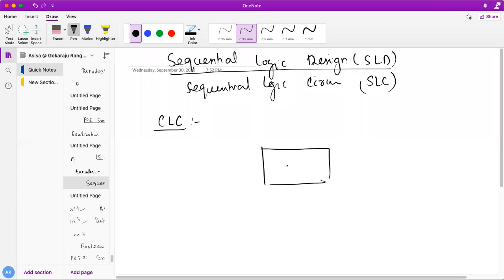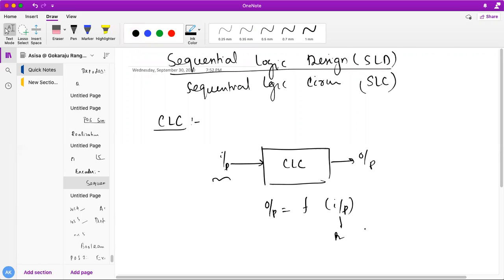Let's say this is my combinational logic circuit. Whatever input I give, the output depends on this particular input only. So here the output is a function of the present input.